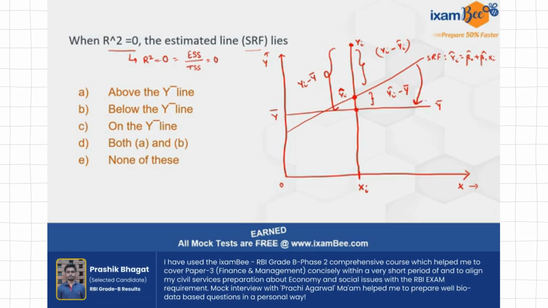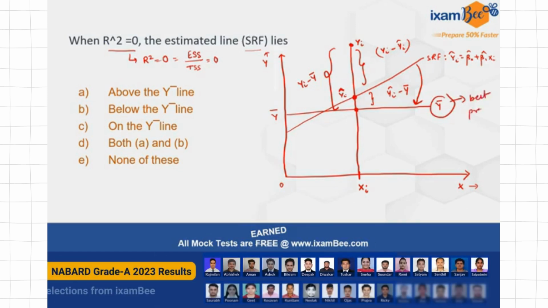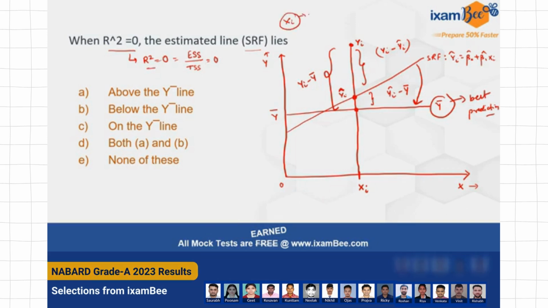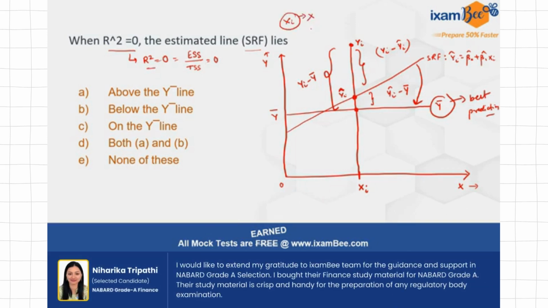Why? Because here the best prediction of this model, the average value of yi, which is y-bar, is the best prediction in this model. Because your R square value is 0, that means the explanatory variable xi does not have any explanatory power.